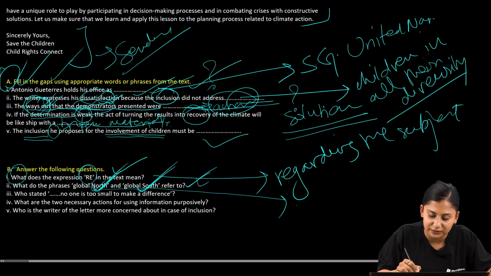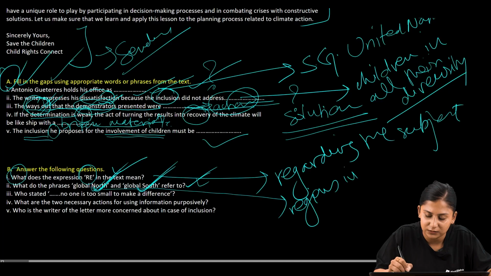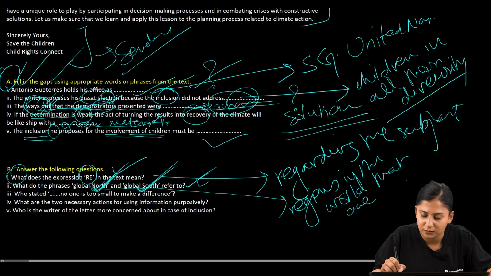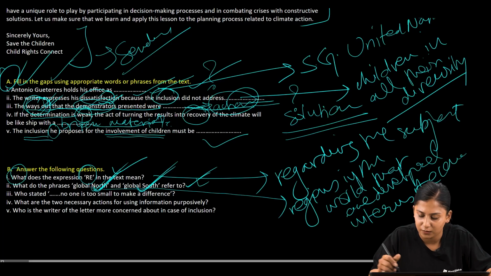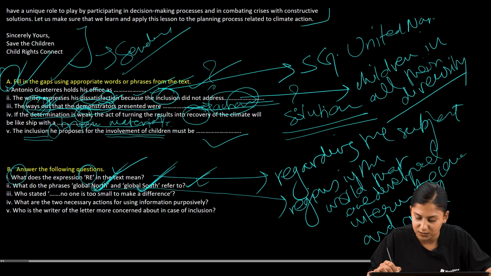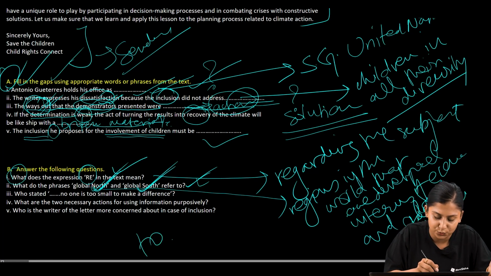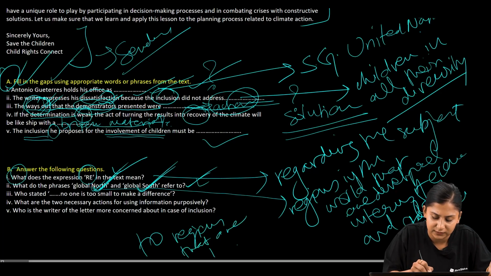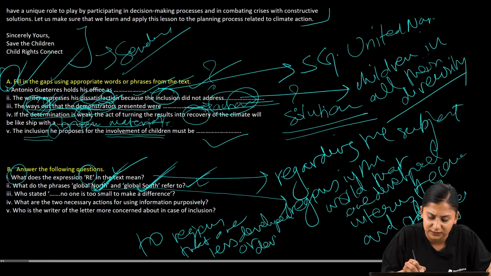So regions in the world that are developed in terms of economy, and global south refers to regions or countries that are less developed, or you can say they are in a developing phase.